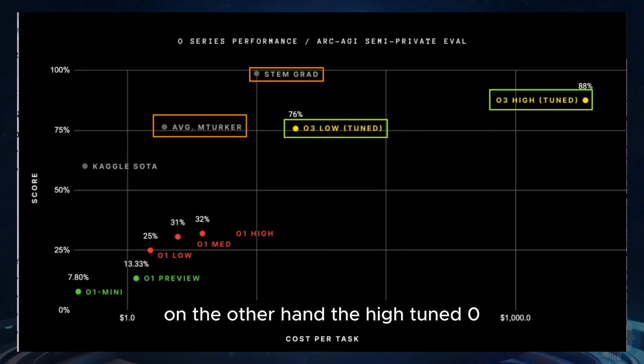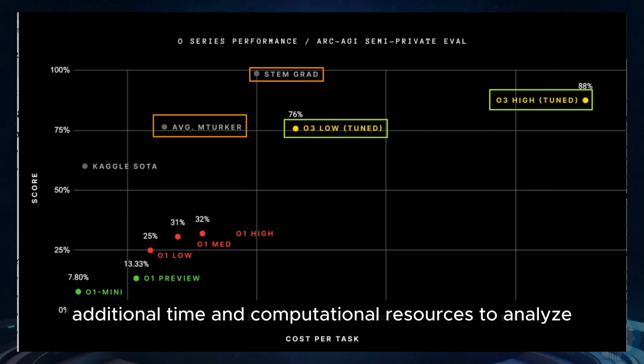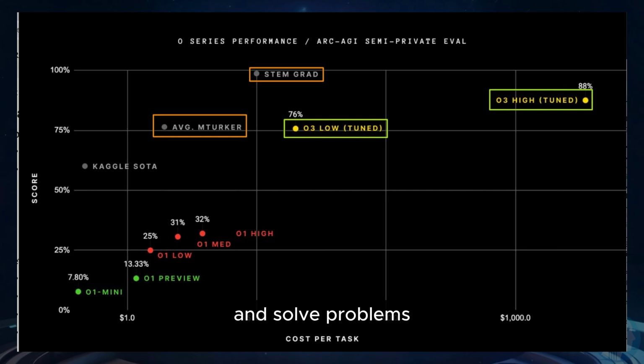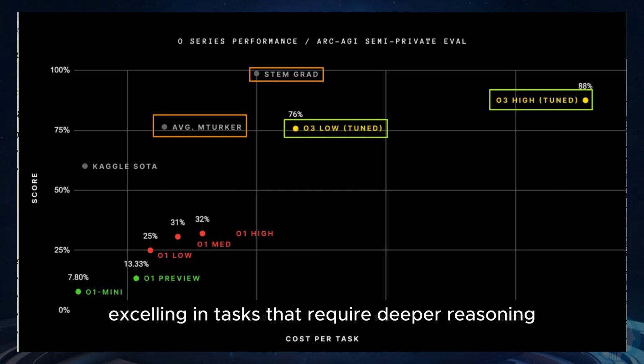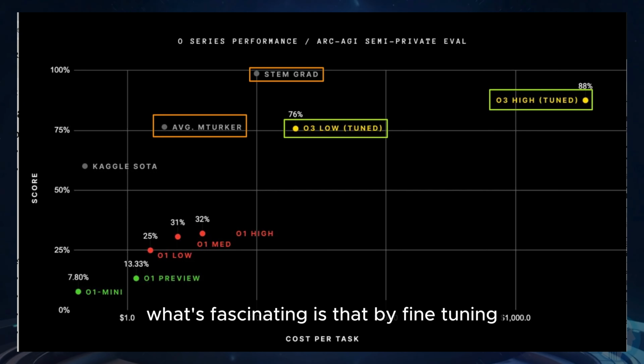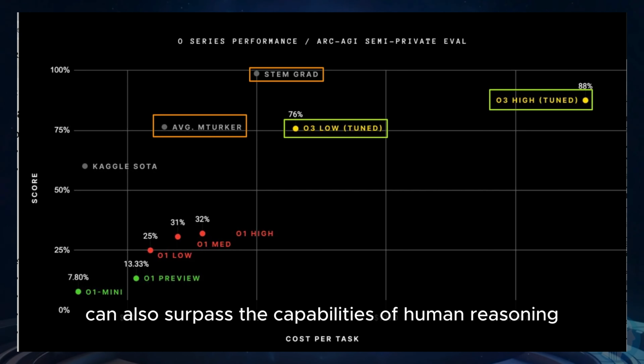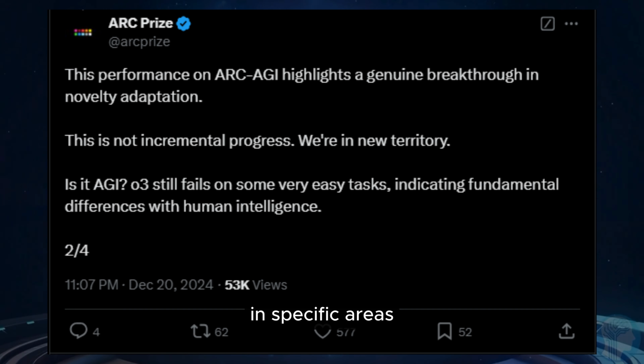On the other hand, the high-tuned O3 model is configured to handle more complex challenges. It invests additional time and computational resources to analyze and solve problems, excelling in tasks that require deeper reasoning and multi-step problem-solving. What's fascinating is that by fine-tuning the model to engage in longer, more thoughtful reasoning, it not only improves performance but can also surpass the capabilities of human reasoning in specific areas.